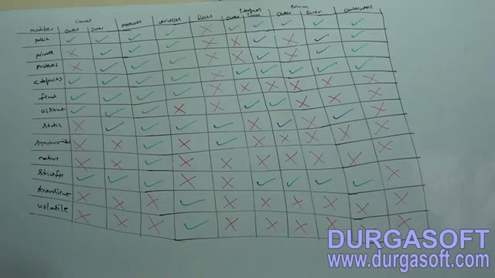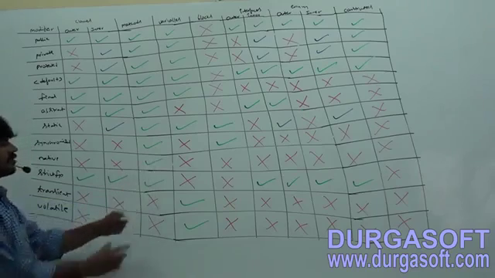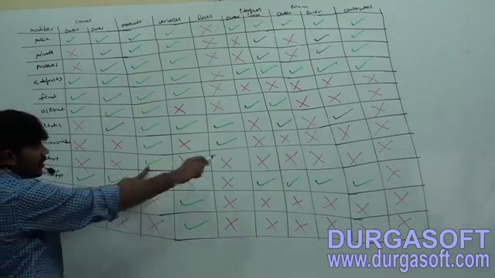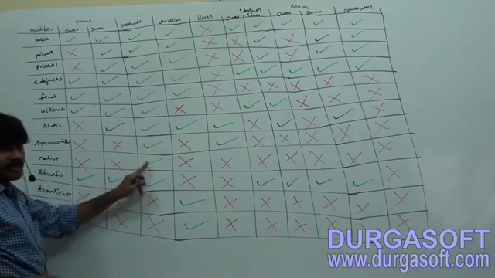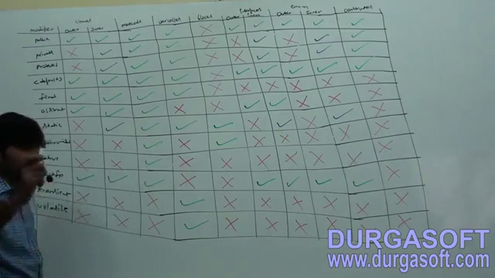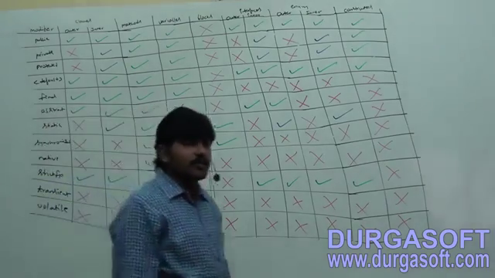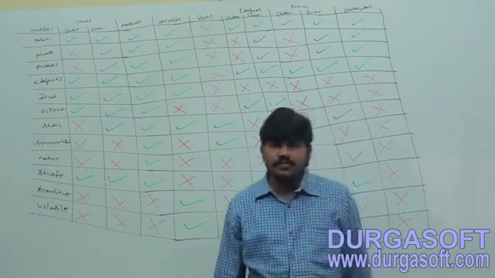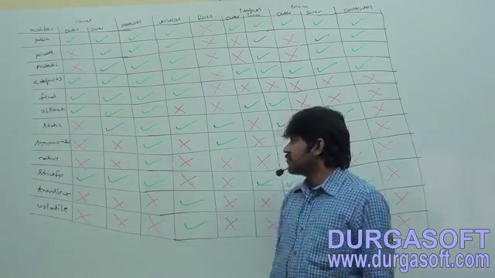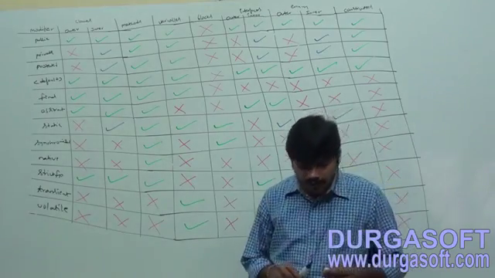Do you know native? Have you observed? Native has a tick mark only for the method, and in all the remaining it is a cross mark. Native is applicable only for methods. That's all. The remaining, of course, are applicable for some other cases also.